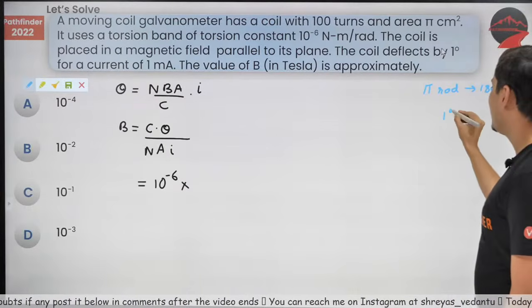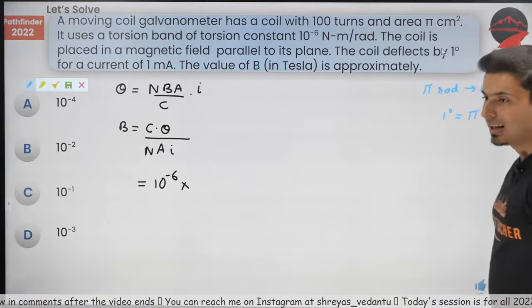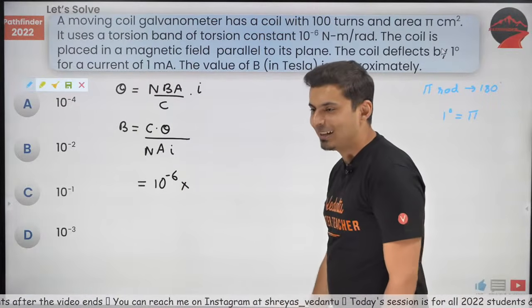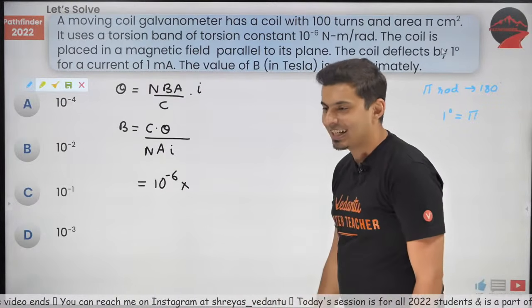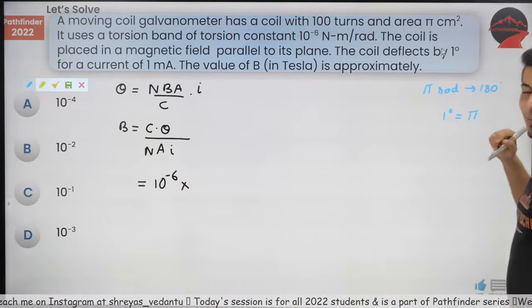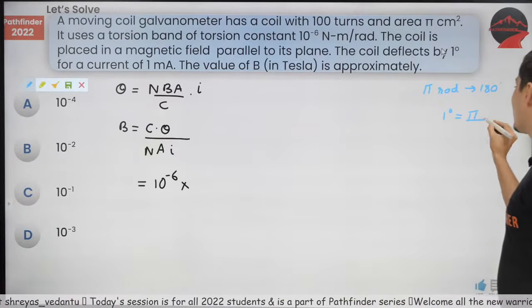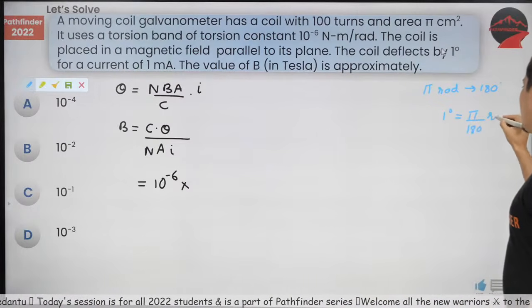So 1 degree is how much? Pi by 180 or 180 by pi? So 180 degrees is pi radian. So 1 degree will be nothing but pi by 180 radian.